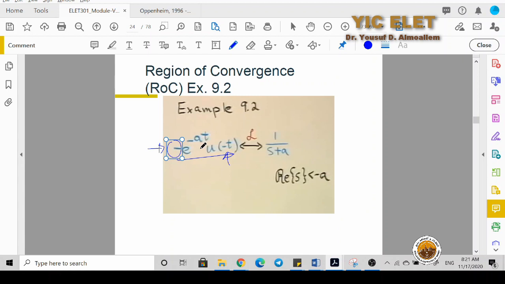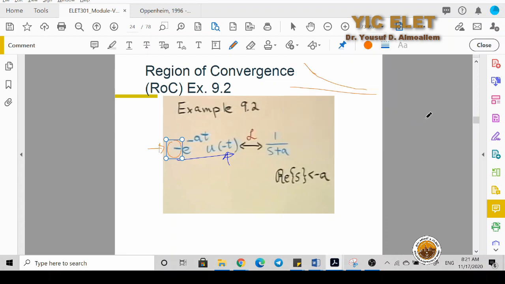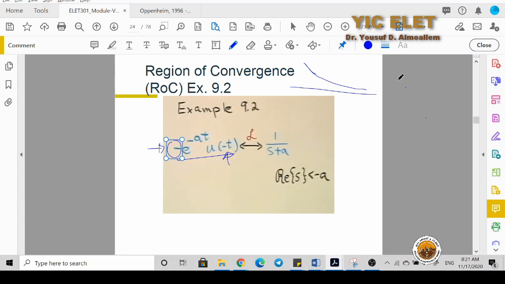It will flip the signal. Yeah. So if the signal was this exponential, in the beginning we were focusing on this side.